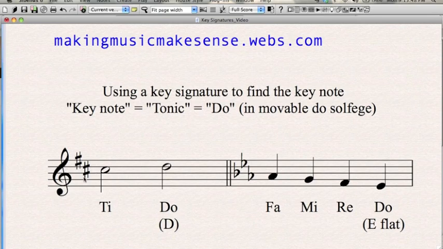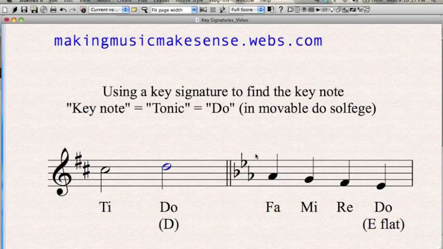So here is the last sharp in this third space up, and we go up one, so we go to the line above it, and that is do. Okay, that is the keynote for this key signature. For those of you that know that two sharps means D major, well, that's a D. And I've written the letter name beneath.